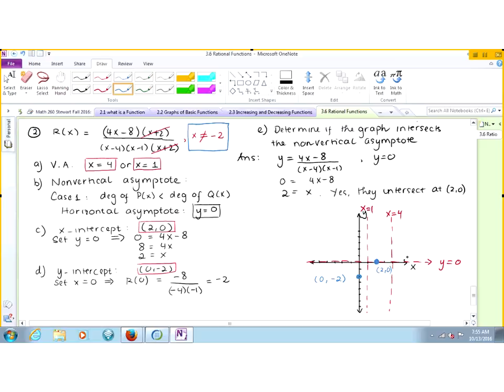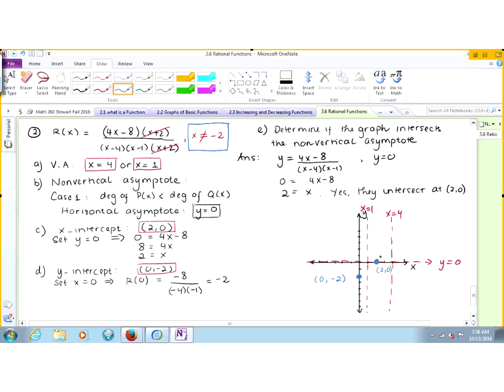Okay. So what we could do is choose some additional points on the graph and then see how it's going to look. And probably we don't need to.